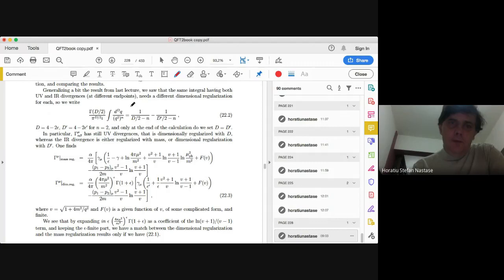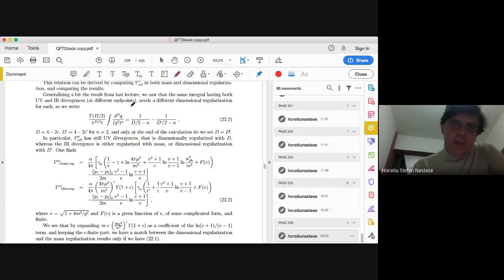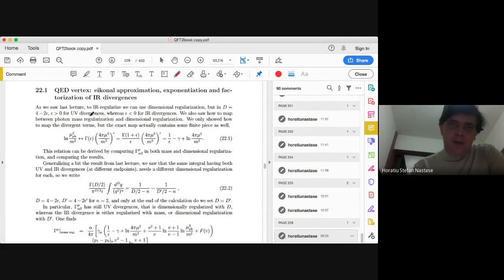So part of the reason why I said epsilon positive regularizes UV divergences and epsilon negative IR divergences was the calculation of integrals of this type, integral d^d q over q squared to some n, and in particular n equal to 2 is the relevant thing. And then this integral will be from some IR cutoff to some UV cutoff, and then we see this fact.